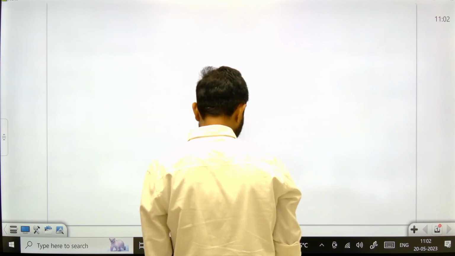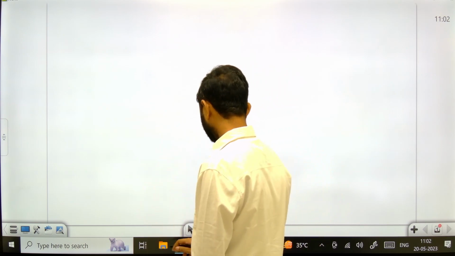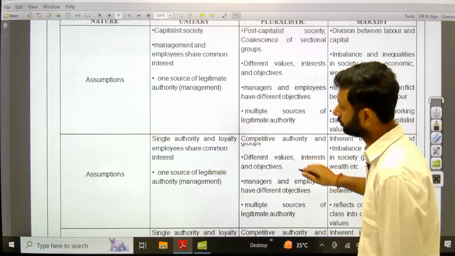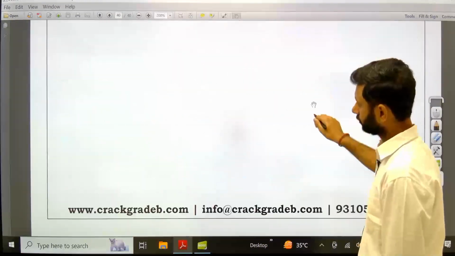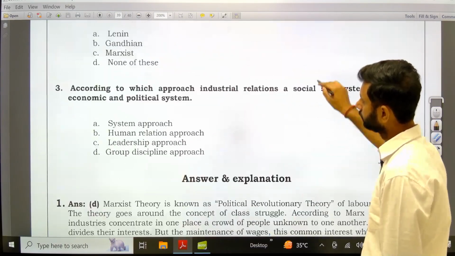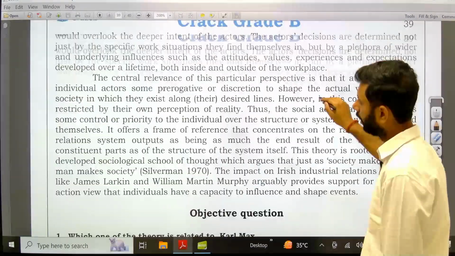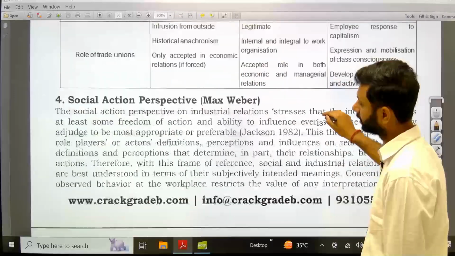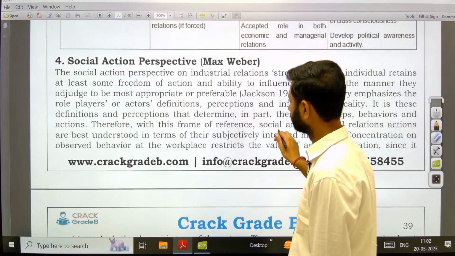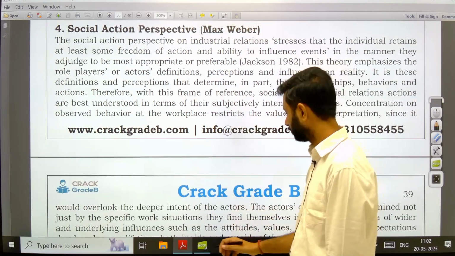Okay, so let's learn about the last approach, the last perspective, the social action perspective. This is also a very easy perspective.